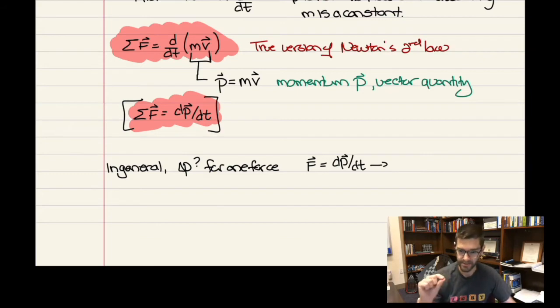I can always break the derivative up and think of it as a rise over run, so a little change in momentum in a given amount of small change in time. So I could write this as a little change in momentum is the result of a force times a little bit of change in time. I'm just moving the delta t to the other side.